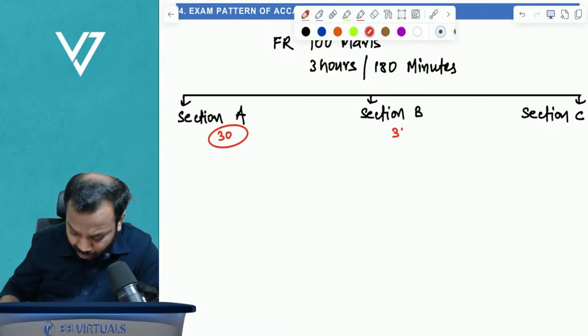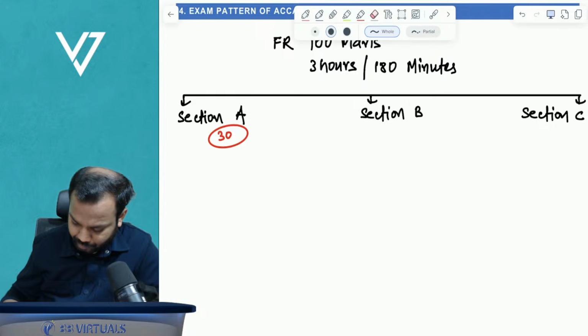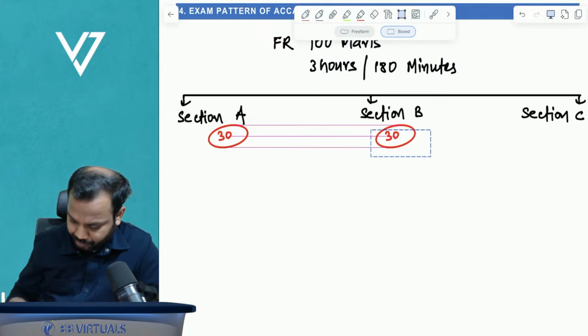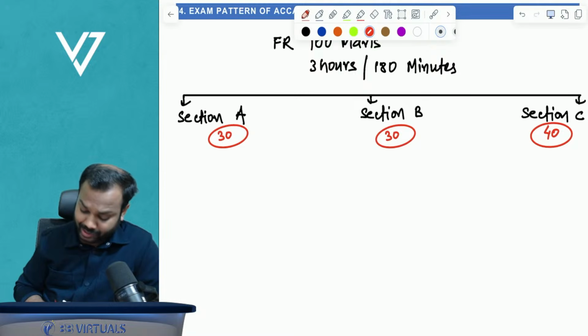Section B again is of 30 marks. And Section C is of 40 marks.